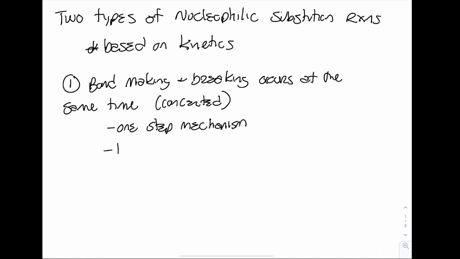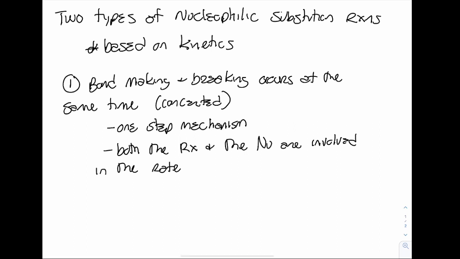Both the alkyl halide and the nucleophile are involved in the same step, and that step is going to be my rate determining step. If you remember from 152, our rate determining step is the slowest step of our reaction.